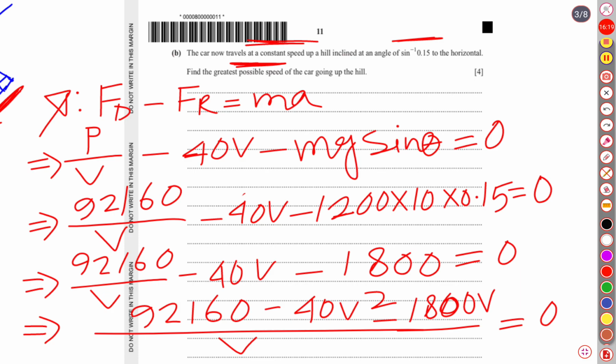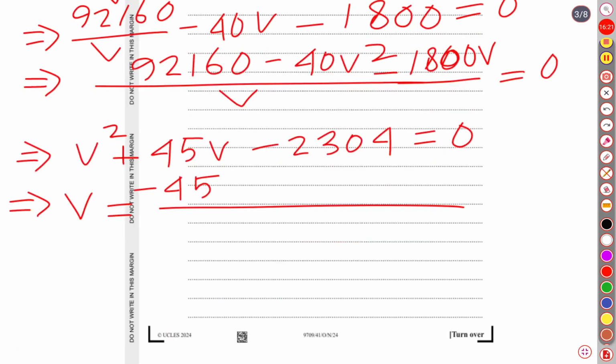Speed can never be negative. Already b is negative, so it will be positive, square root of b squared, so 45 squared, minus 4 times AC. A is 1, C is 2304.